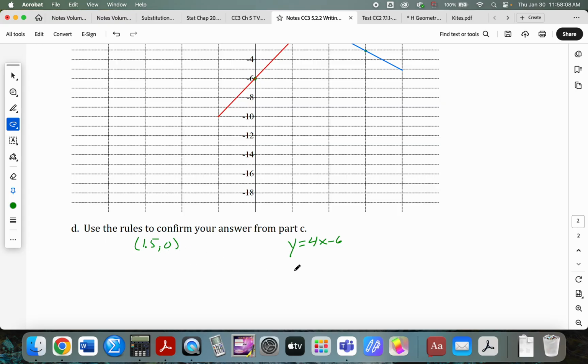I'm going to put 0 in the place of y. I'm going to put 1.5 in the place of x, and I'm going to evaluate. Four times 1.5, well, 1.5 times 2 is 3. So times 4 is 6. So that's true.